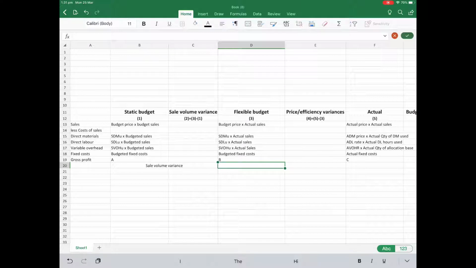And now the difference between B and C, you see that because we all use actual sales here, all actual sales, that means the difference is either because of the price, or because of the rate, or because of the quantity of direct material used, the quantity of direct labor hours used.